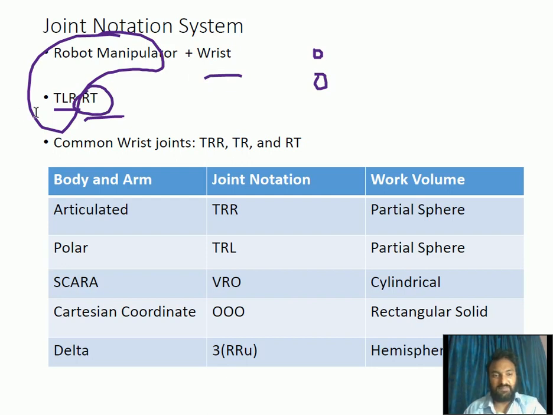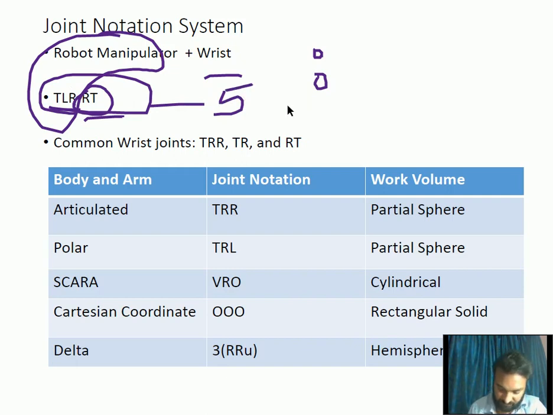Now see, T is for twisting type, L for linear, R for rotational. Again R for rotational, T for twisting. So from that we can get, this one is an example of a 5-axis robot.